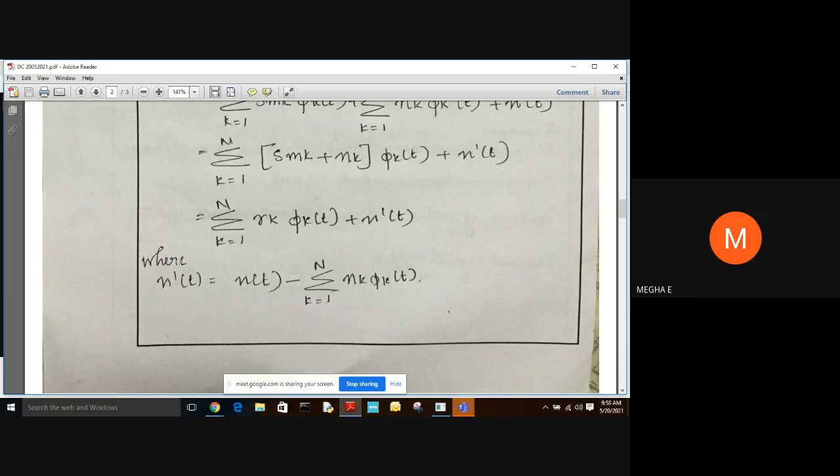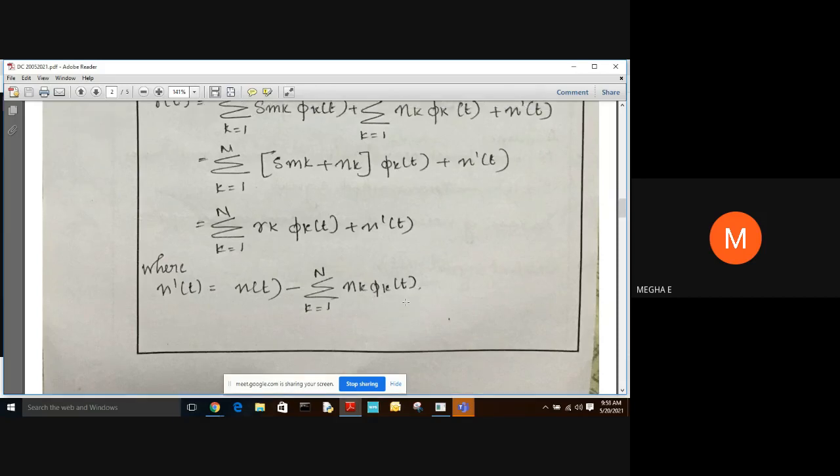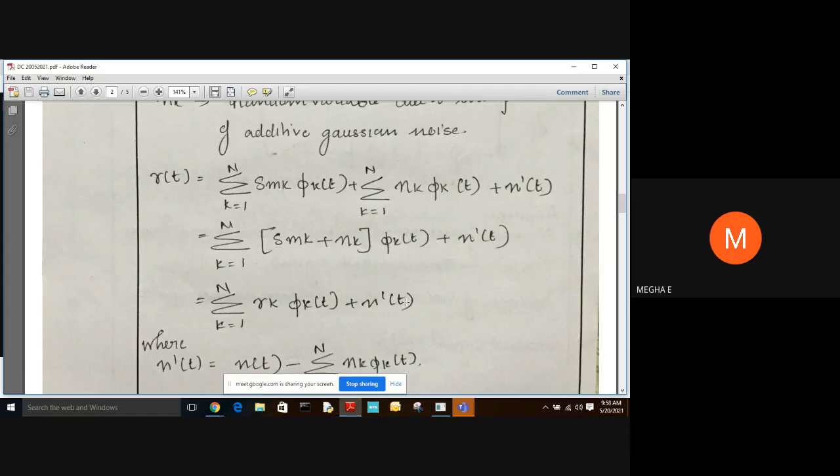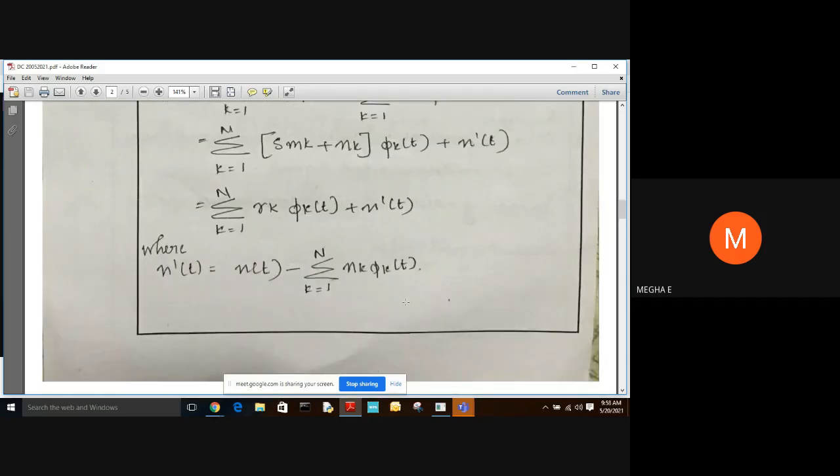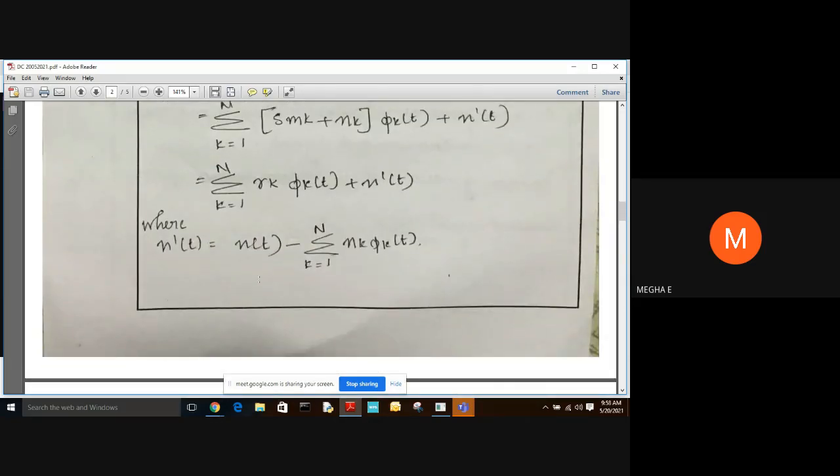So n dash of t is only the difference between the original n of t minus the projection of n of t on the basis function phi k of t. So this is our received signal r of t, and the expression for r of t is rk phi k of t plus n dash of t. N dash of t is the difference between the original signal n of t and the projection of n of t on the basis function phi k of t.